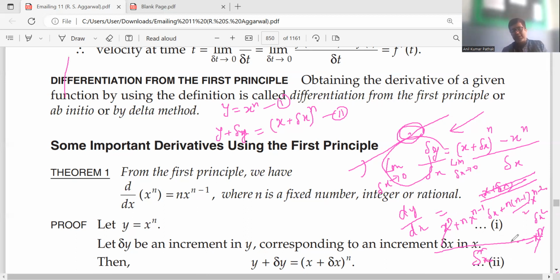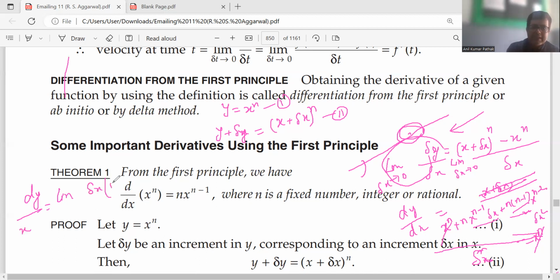Now we proceed further. We can write dy by dx is equal to limit, and what you find here is that delta x is in each and every term, so we take delta x common.